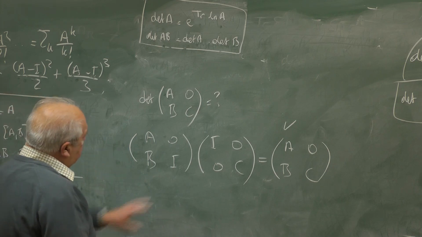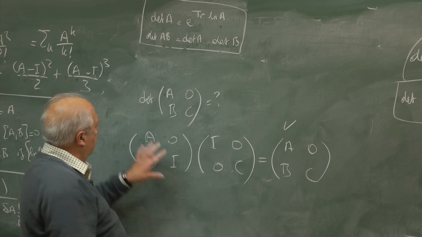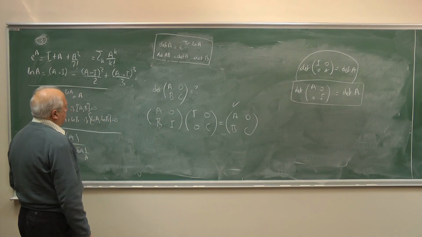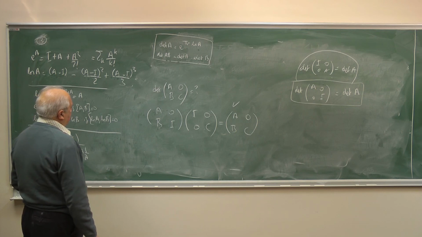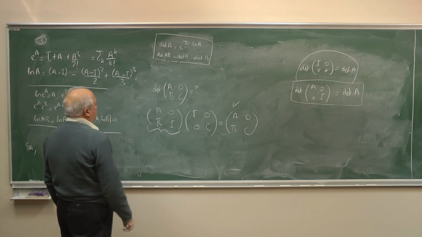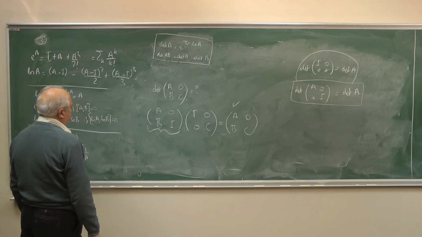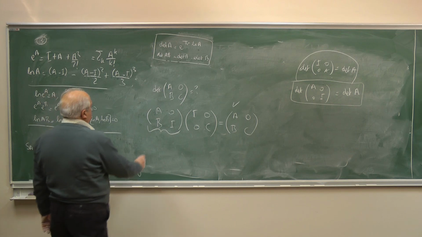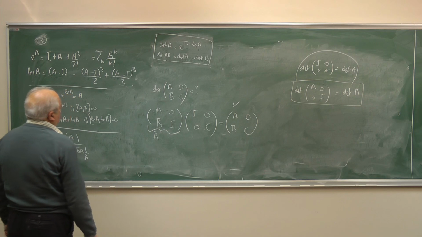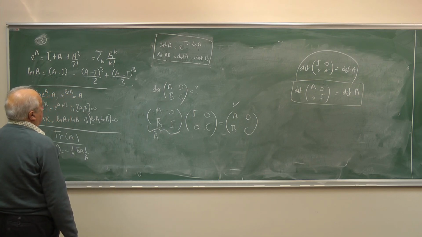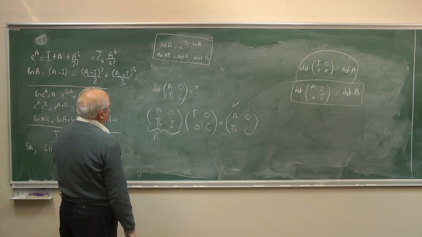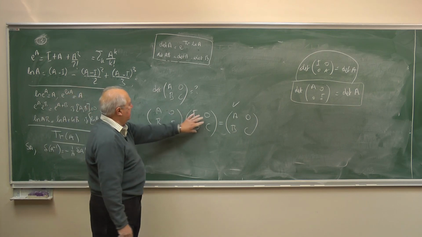Now, the determinant of it is C. We just proved. Now we have to check this one. New A tilde. So the determinant of A tilde, if you write it, is the determinant of that and the determinant of this.